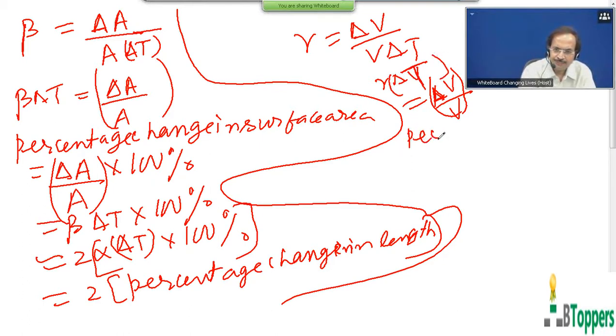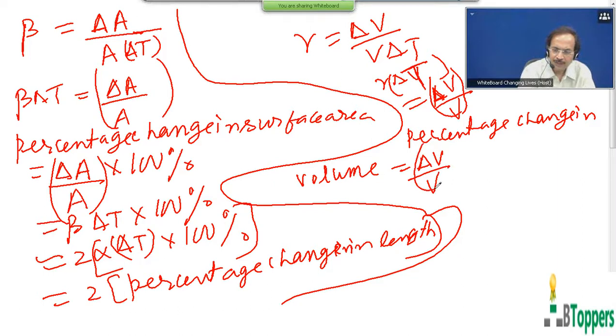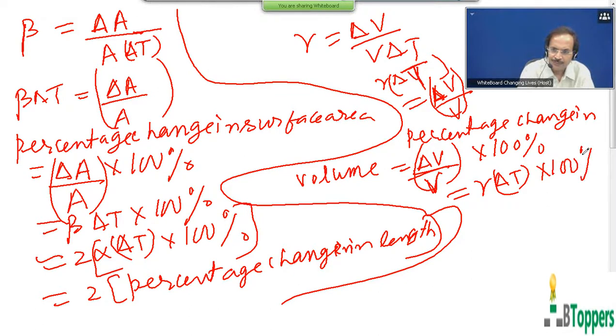So the percentage change in the volume of the solid when it is heated uniformly is equal to the actual change in the volume of the solid divided by the original volume of the solid, multiplied by 100%. Now delta V by V you can write as gamma into delta T, where gamma is the coefficient of volume expansion of the solid.